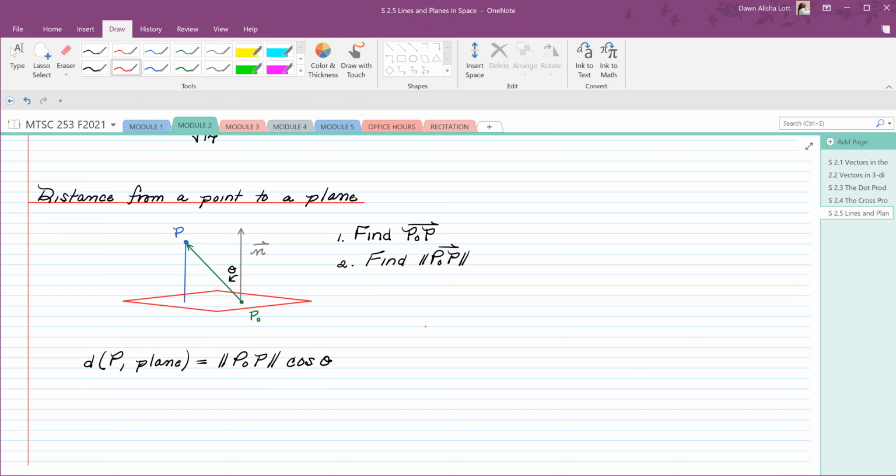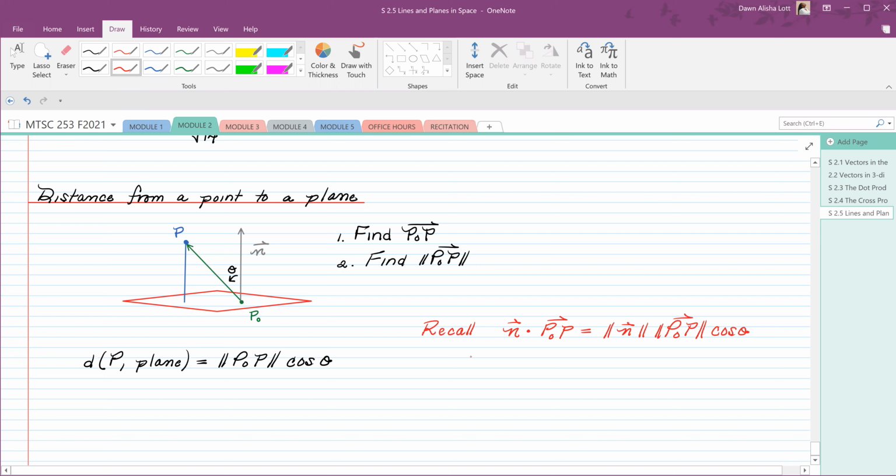Let's recall that if we take that normal and dot it with P naught P, then we get the length of the normal times the length of P naught P times the cosine of theta.